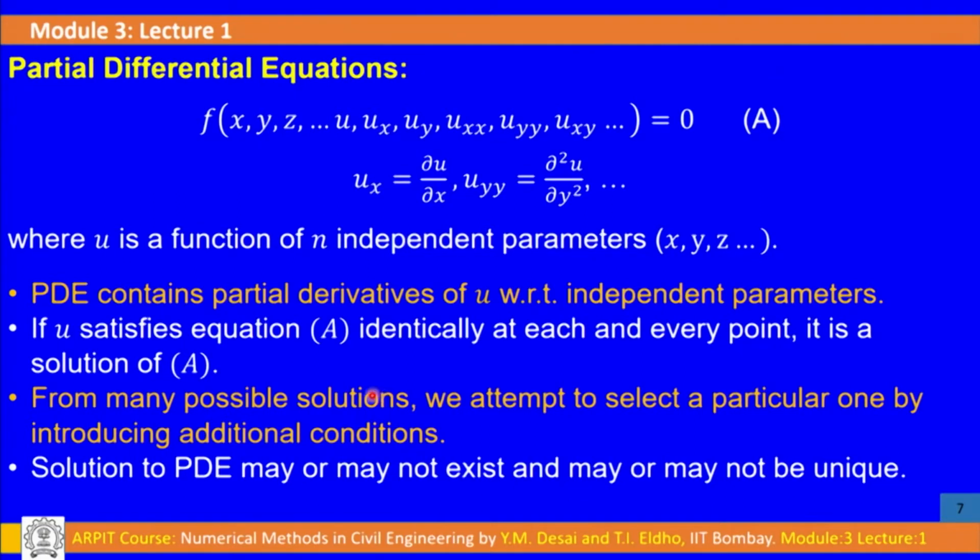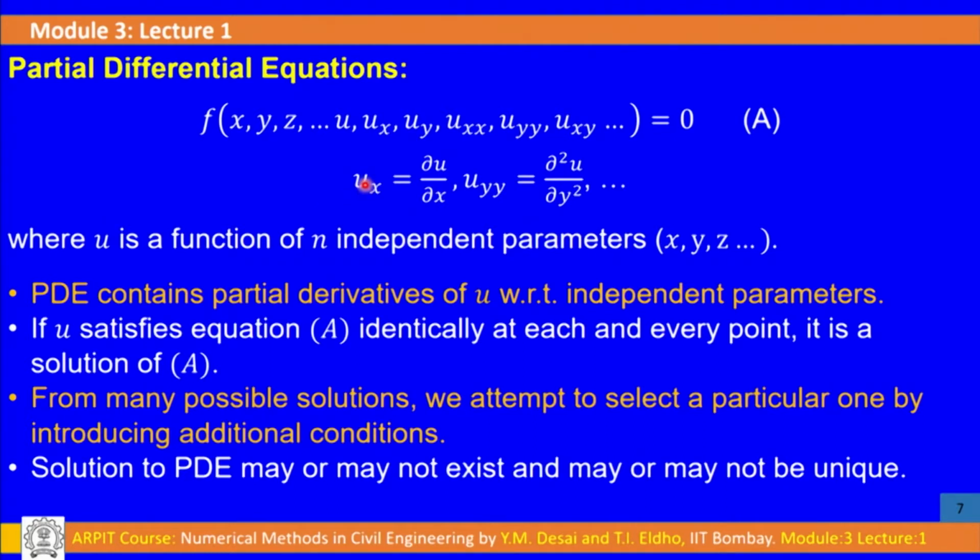Similarly, we can talk about partial differential equations. One such equation is given in a compact form as shown here. In equation A, x, y, z etc. are independent parameters. u is the unknown function continuously varying with respect to x, y, z, and u_x, u_y, u_xx etc. are its partial derivatives.